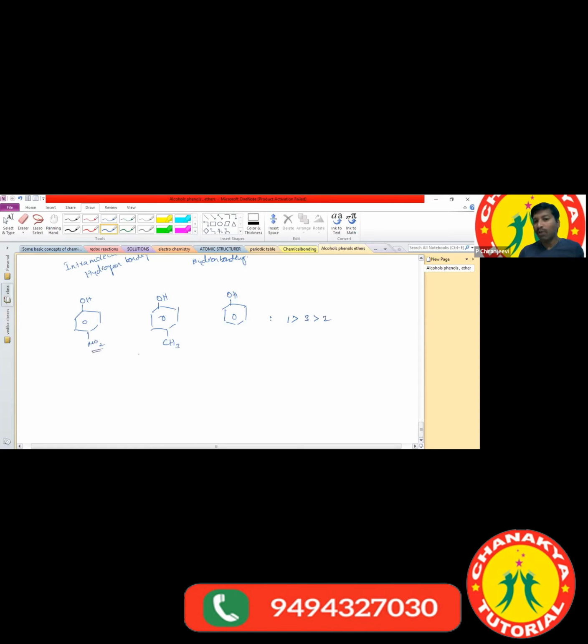Because of the strong electron withdrawing group. As electron withdrawing groups increase, the acidic strength also increases. Electron donating groups decrease the acidic strength, so the second one is the least acidic. Phenol is in between because it has neither an electron donating group nor an electron withdrawing group.